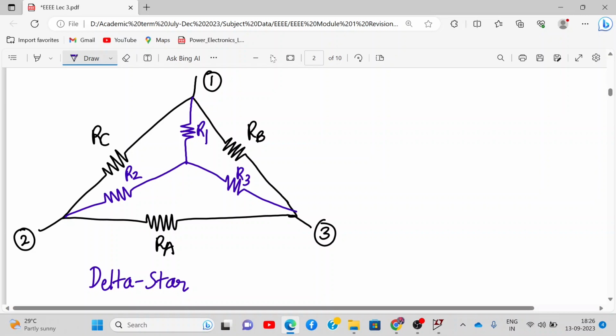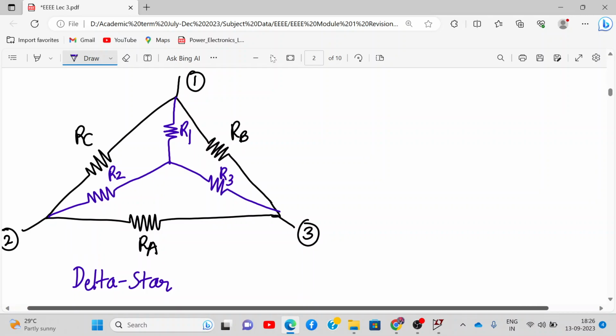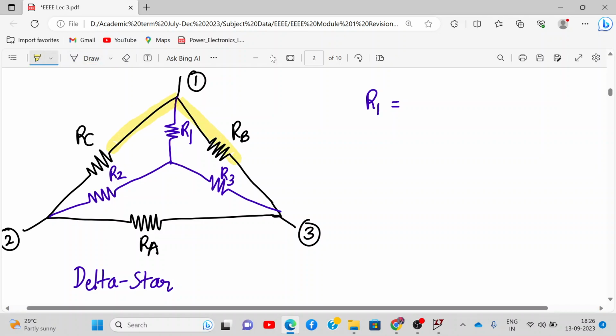So listen very carefully. We can write the value of R1 as follows. If you see what is there in the same leg of R1, in the same leg of R1 we have RC and RB. Got it? RC and RB.